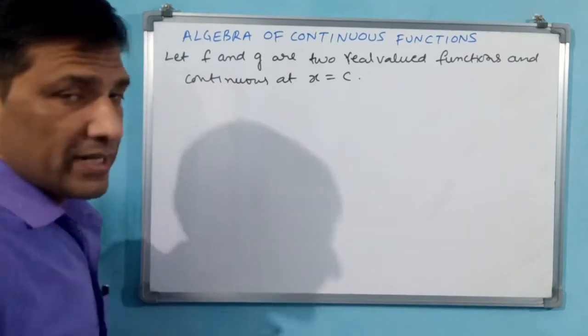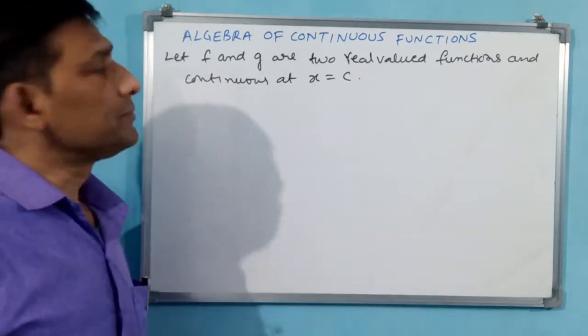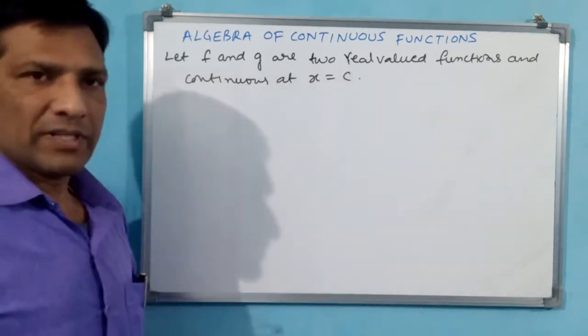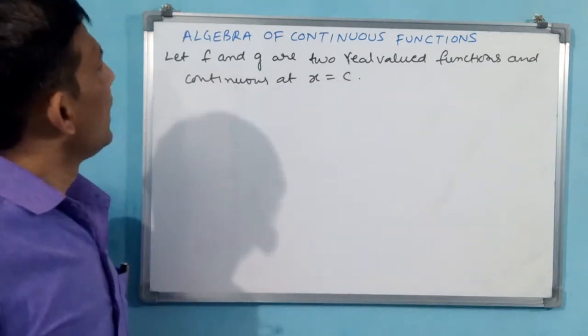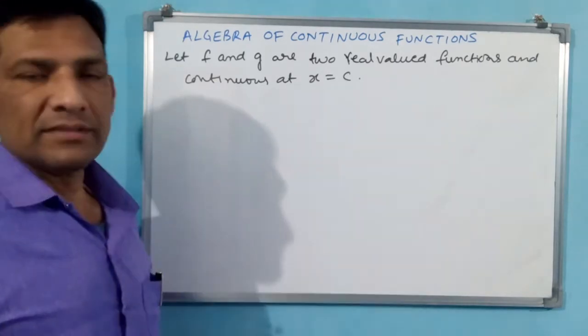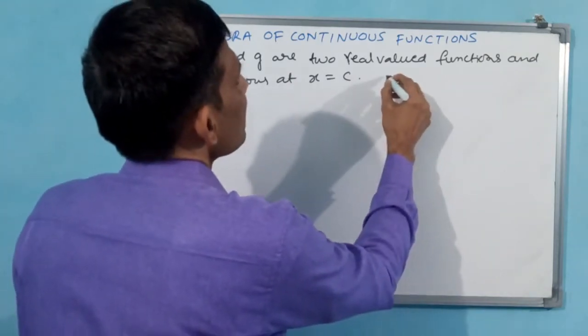This line is very important. First you understand this line. f and g are two real valued functions and both are continuous at x is equal to c. What is c? c is any real number.